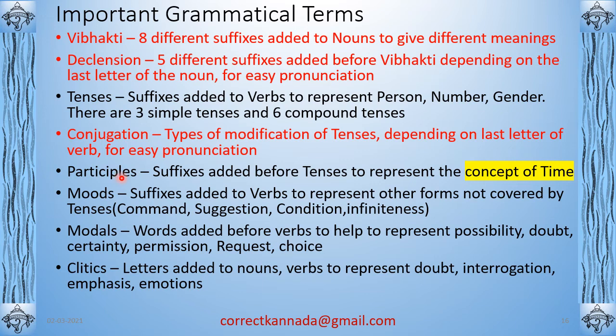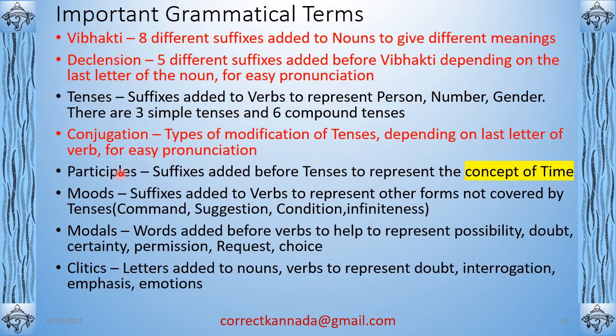Okay. Then participles are nothing but suffixes added before tenses to represent the concept of time, and participles can exist on their own, like what we saw, the relative participle, verbal participle, right? That which you have not done, or I did my work and then went home. Those are the places where participles are used. If you see my verbs and tenses video, you will understand how tenses are obtained from participles.